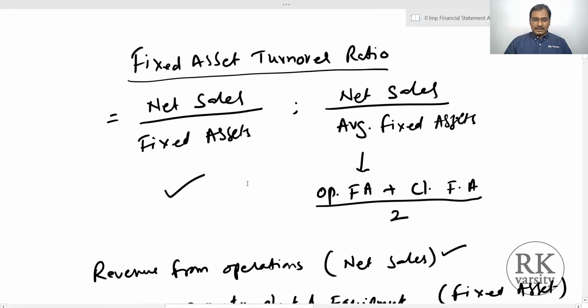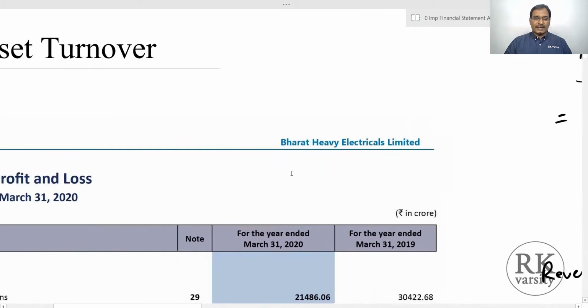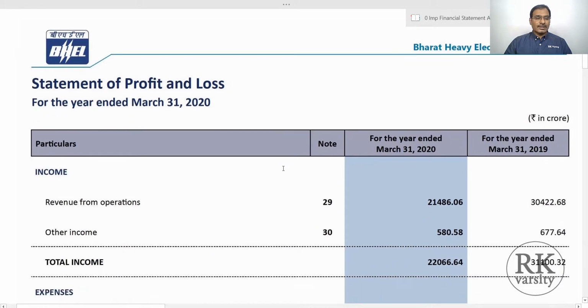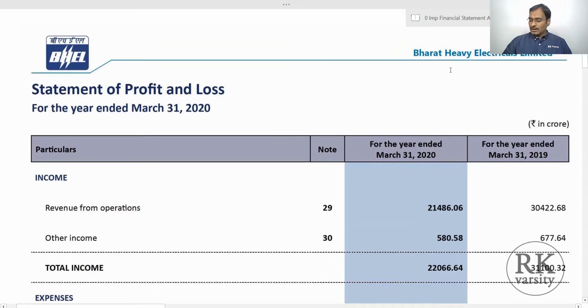As I said, I'll explain this ratio with the help of two companies' real balance sheets and profit and loss accounts. Here is the statement of profit and loss for the year ended 31st March 2020. The company is Bharat Heavy Electricals Limited, which is a public sector company in the manufacturing of electrical and industrial goods.